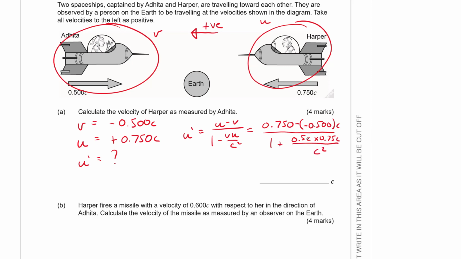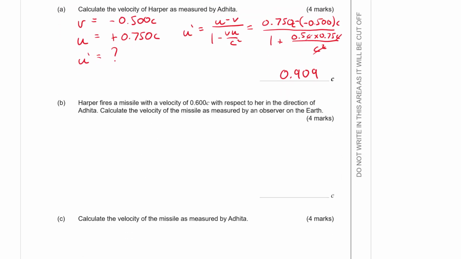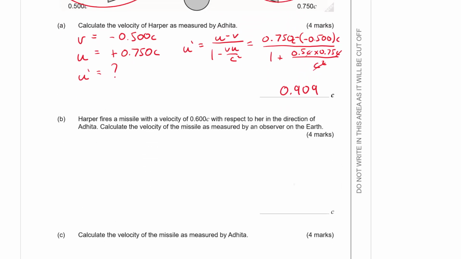This is the only time I'm going to do this, but those c's will cancel out, so you're just left with a c here. And what that ends up with is 0.909 c.